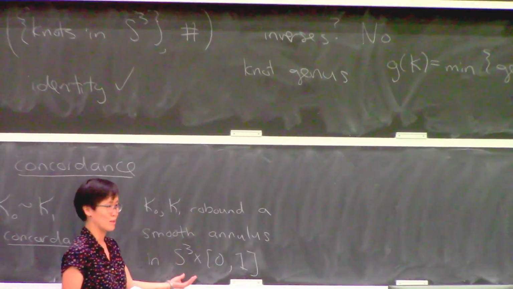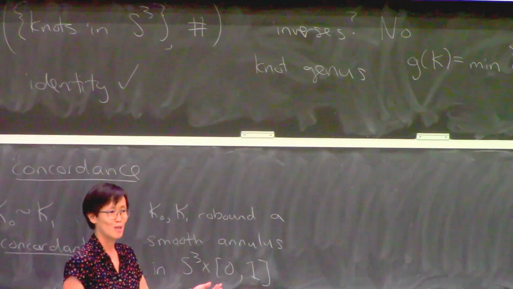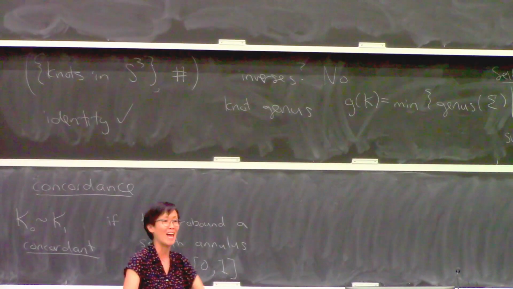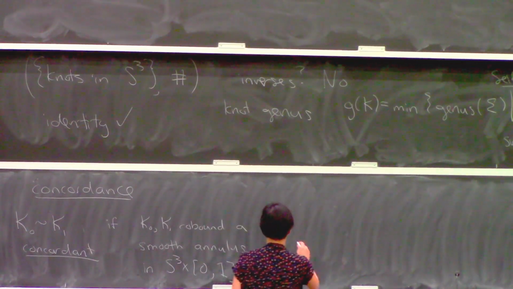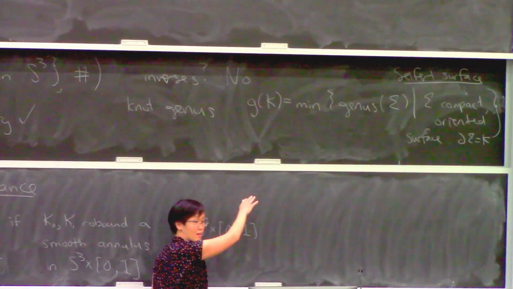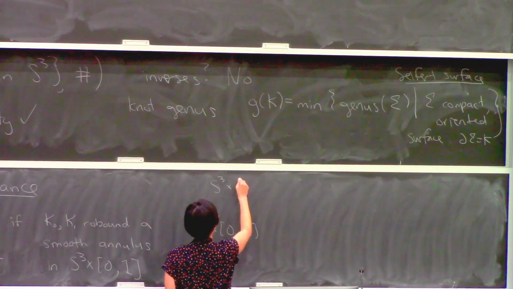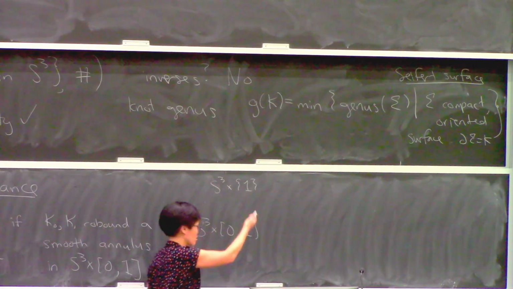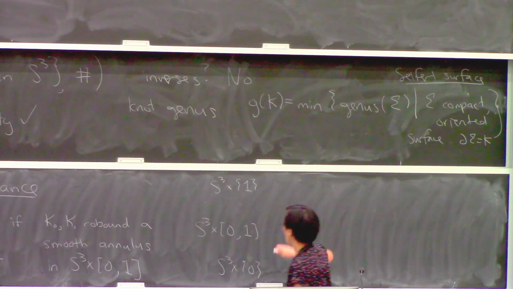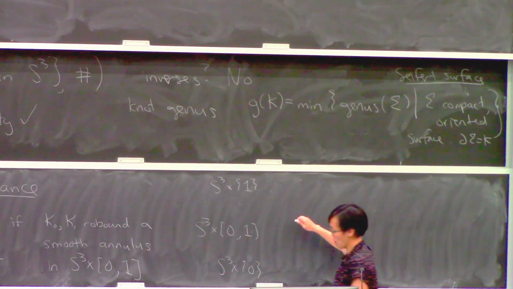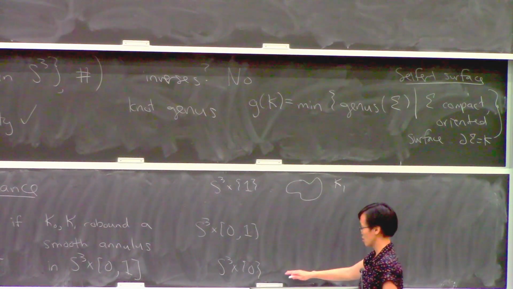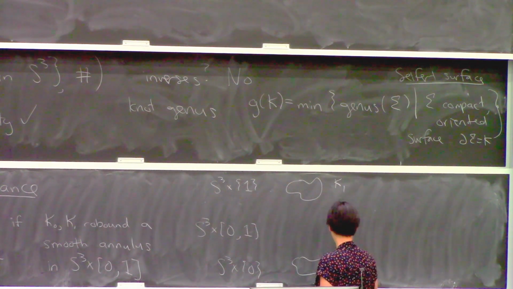Well, S3 cross the unit interval is 4 dimensions, so I'm going to have to draw a picture that's a lie to you, but hopefully captures the essence of what's going on. Imagine you have S3 cross the unit interval. On one end, you'll see S3 cross 1, which is just homeomorphic to S3. And similarly on the other end, you'll see S3 cross 0. In the S3 cross 1 end, you'll see some knot K1. And in the S3 cross 0 end, you'll see some knot K naught.